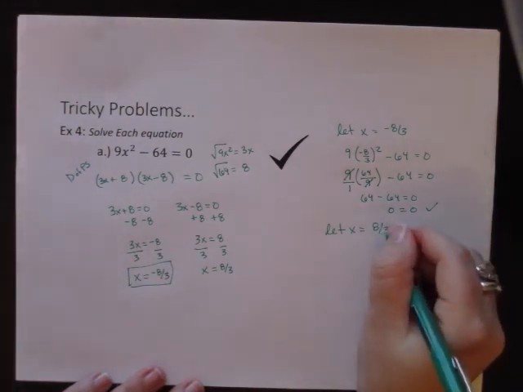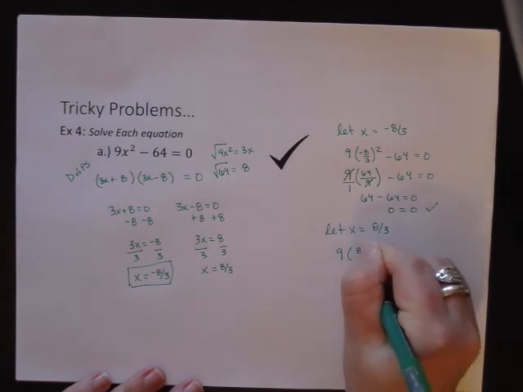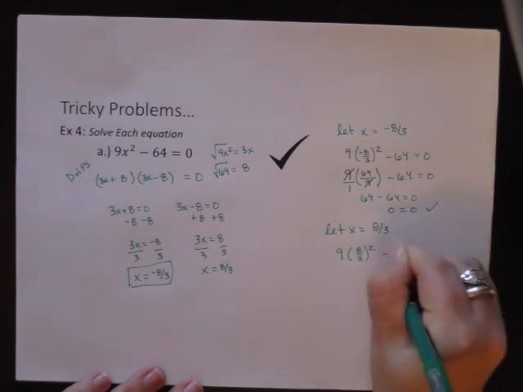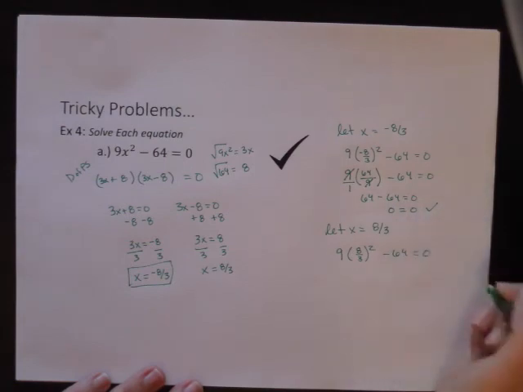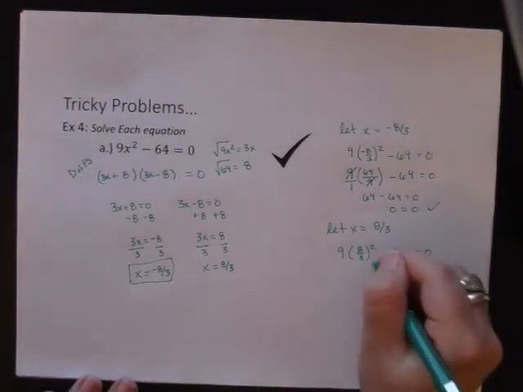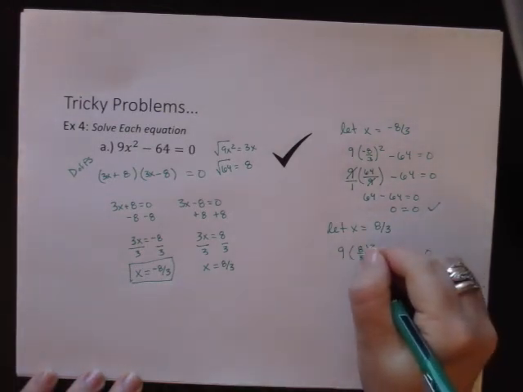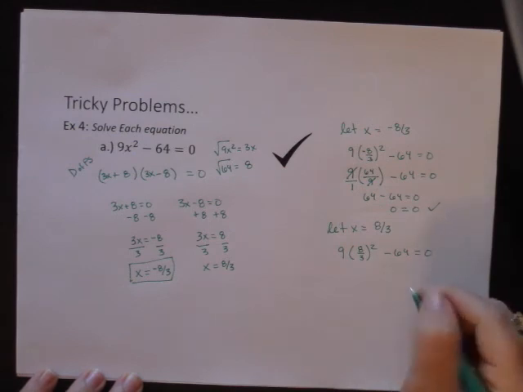Now we're going to let x equal positive 8 over 3. So we got 9 times (8 over 3) squared minus 64 equals 0. Alright, so I'm going to apply my exponent to both the top and the bottom of my fraction.